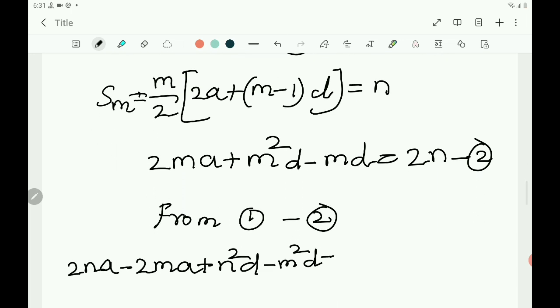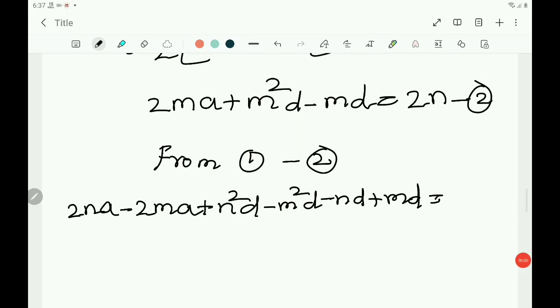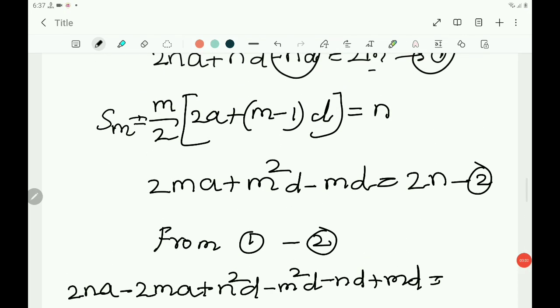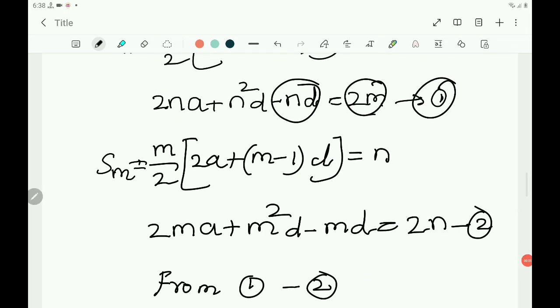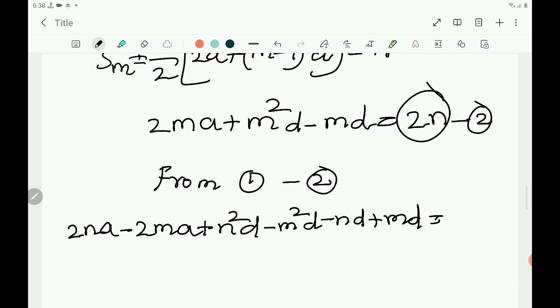Minus nd minus of minus md means it becomes plus md, which equals 2m minus 2n.